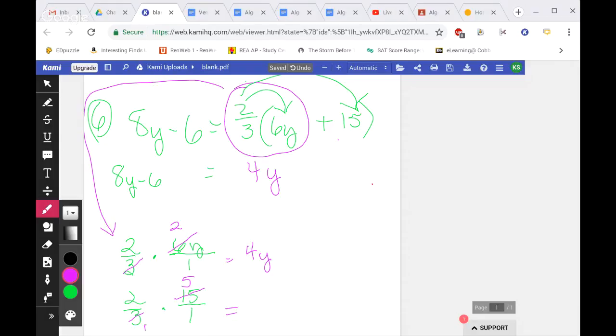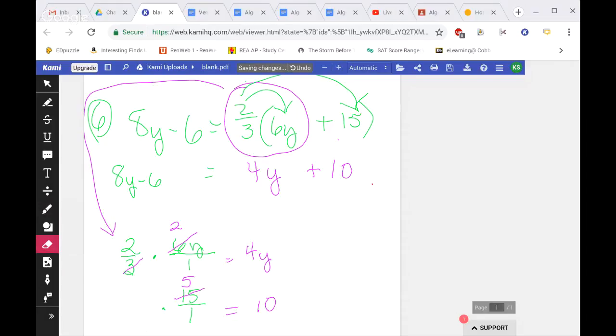So now I have 2 times 5, that's 10. And then 1 times 1 is 1. So basically I've eliminated that fraction altogether. So now I have the right-hand side of the equation. Do you all understand where I got it? Yes. Okay.